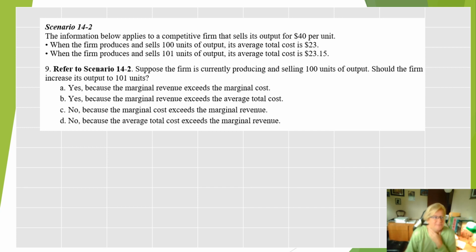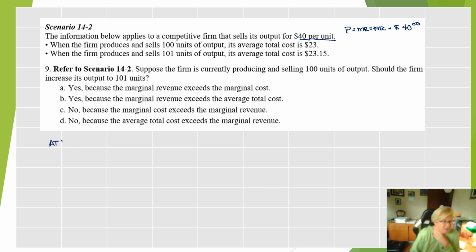Our last question says the information below is for a perfectly competitive firm that sells its output for $40 per unit. So price equals marginal revenue equals average revenue equals $40. The firm produces and sells 100 units of output. Average total cost is 23.